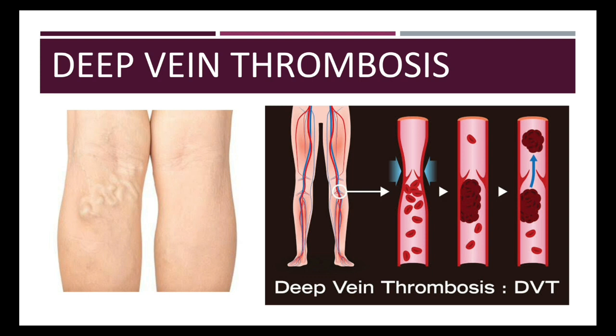Next is deep vein thrombosis. The veins of the lower limb possess valves which direct the blood flow to the heart, particularly against gravity in upright posture. The valves are more numerous in the deep veins than in the superficial veins. The veins from the muscle draining into the deep veins have valves except those in soleus, which are arranged in the form of venous sinuses.